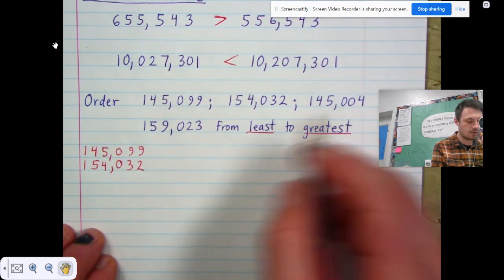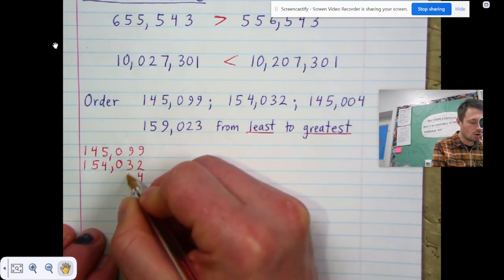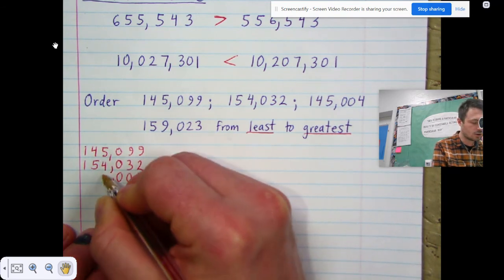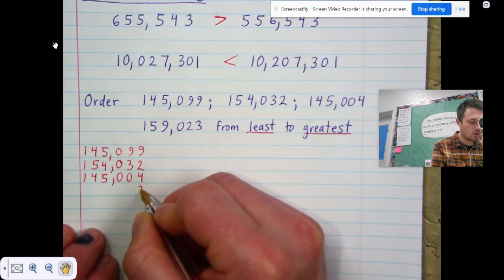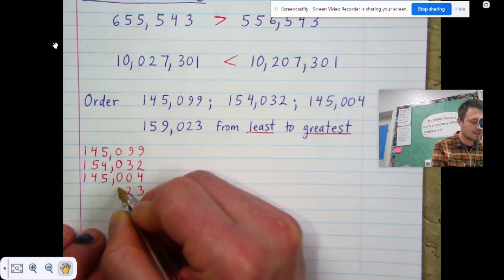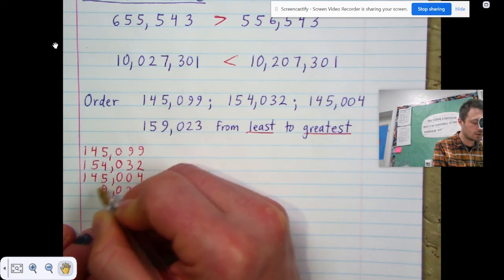Now I'm going to do that same thing with this one. I'm going to line up all my place value positions right on top of each other, so that way I know I'm comparing the same place value positions.